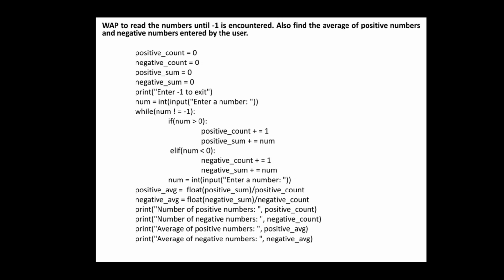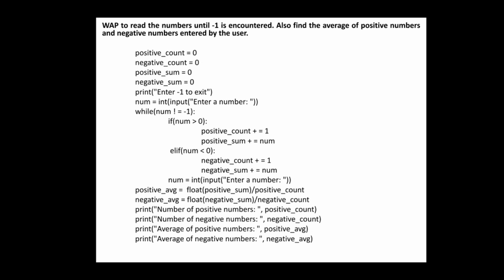Now enter a number, we consider 6. 6 not equal to -1, true. Now 6 greater than 0, true. So positive count, previously it was 1, now it is 1 plus 1 equal to 2, and positive sum, previously it was 5, so 5 plus 6 equal to 11.